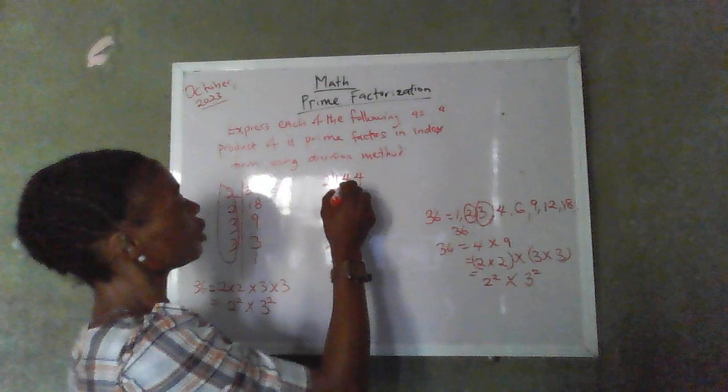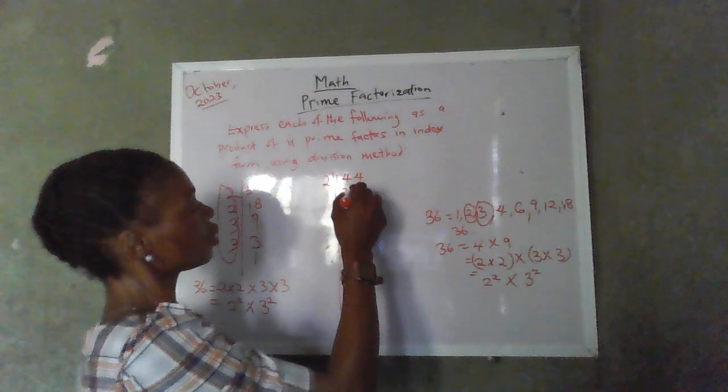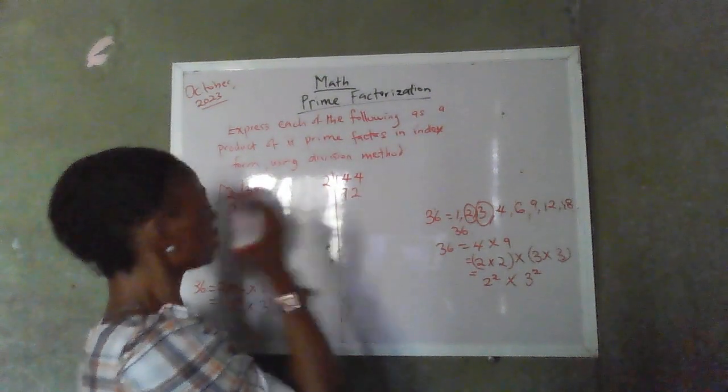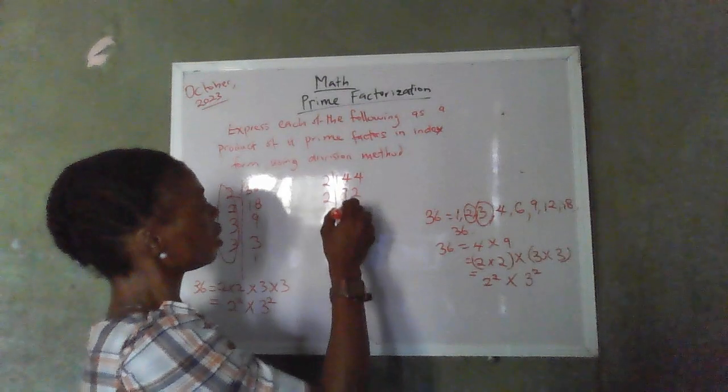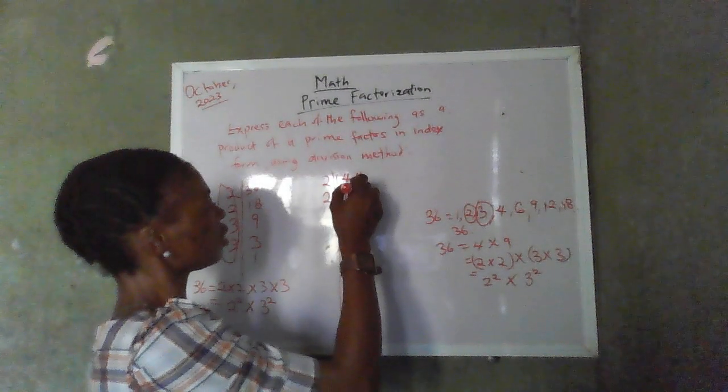Let's take 144. 2 in 14, we have 7. In 4, we have 2. 7 can be divided by 2 3 times, with a remainder of 1.